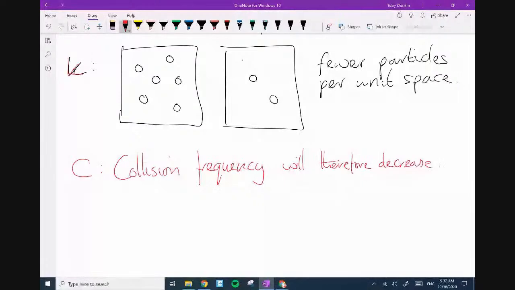If I put more particles into the system, they're going to collide more often. It's a bit like, can you imagine if you took a football team and reduced it to 2 players? The chances of them actually touching the ball become rather small because it's just going to get passed around between the other players on the other team. So it's to do with the amount of collisions they're going to have. The collision frequency will therefore decrease.